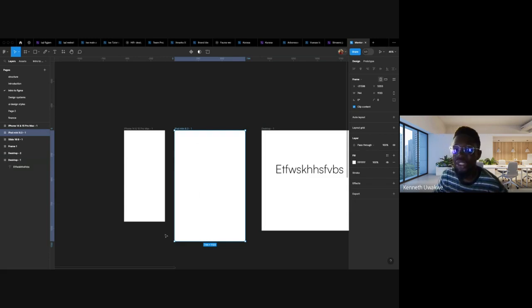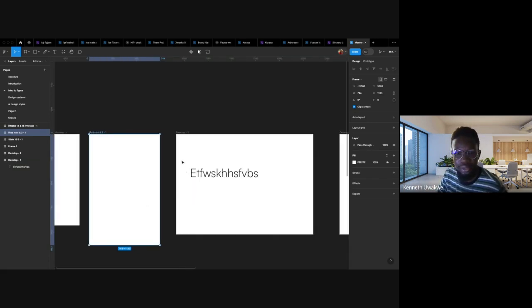Once the device screen size hits 1440 and goes above that, it's assuming that I'm using a normal desktop to access that content. So it's going to display that content in whatever we have designed here.